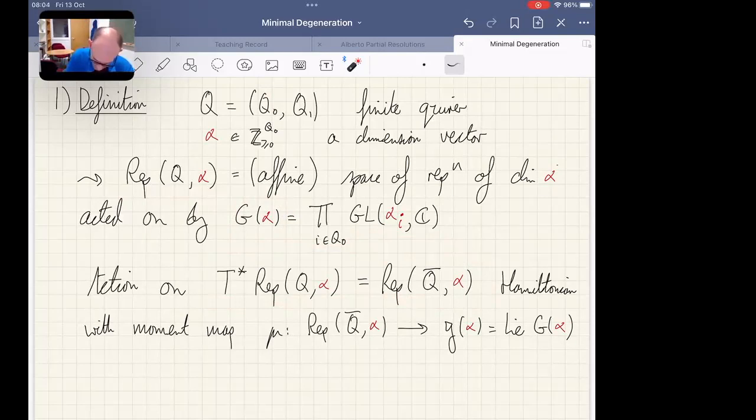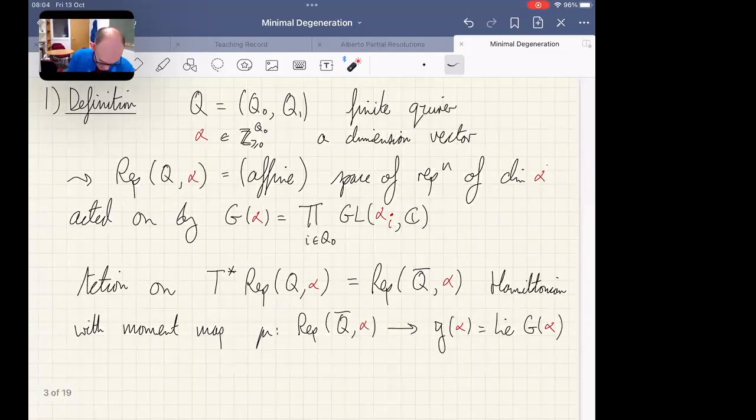And the key point is now that this is a Hamiltonian action. And so you have a moment map mu, which goes from the space of representations of the doubled quiver to the Lie algebra of your G. Okay, so that's the setup.